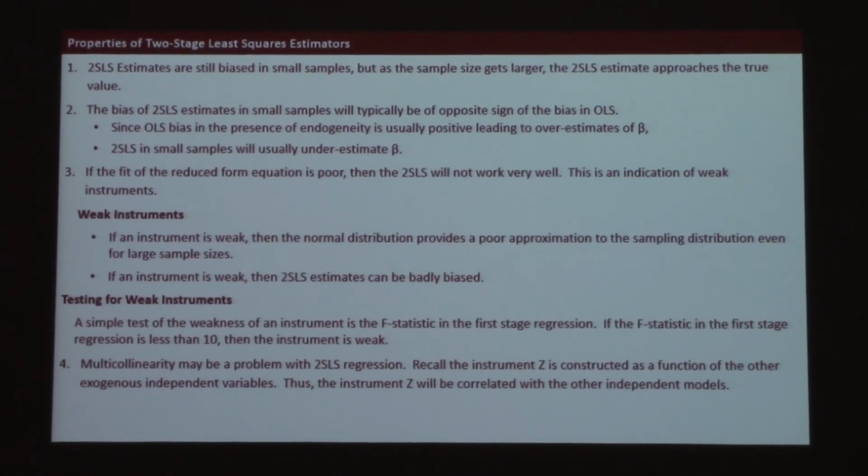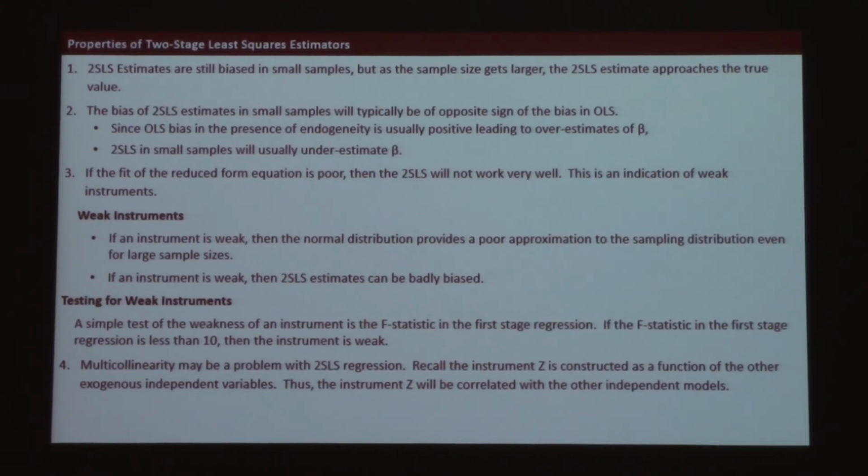So almost by definition, we're introducing multicollinearity, but we're getting rid of one problem, but we may get stuck with another one. It doesn't necessarily have to be a problem, but it could be a problem.